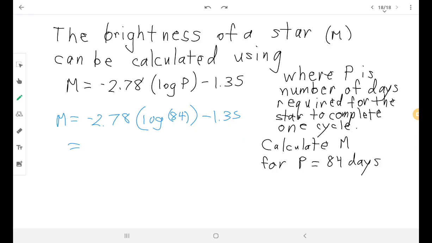Or, of course, you could do this on Desmos also. So the common log of 84, so negative 2.78 times, let's do this to 2 decimals, since they've done everything to 2 decimals, 1.92 minus 1.35, then we got to do the multiplication next.